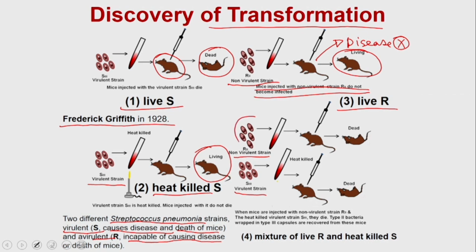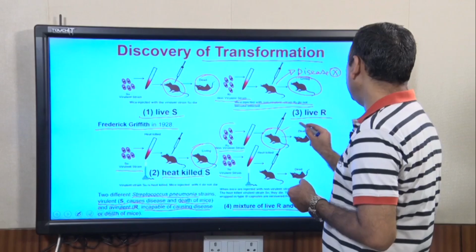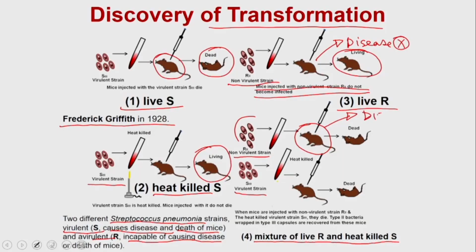So, in the 4th set, he has taken a mixture of live avirulent strain and the heat killed virulent strain, mixed them together and injected that into the mice, and what he could find is that although he has taken the live non-virulent strain, the mice developed the disease and it caused the death of those mice.